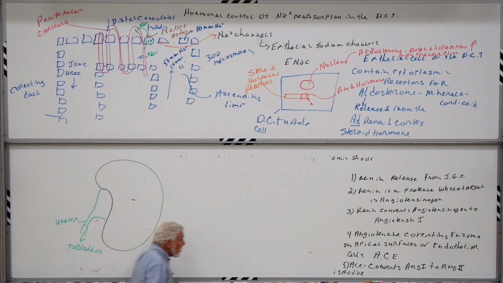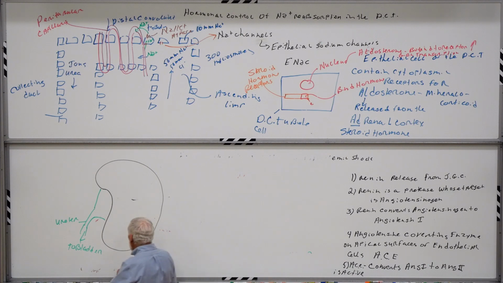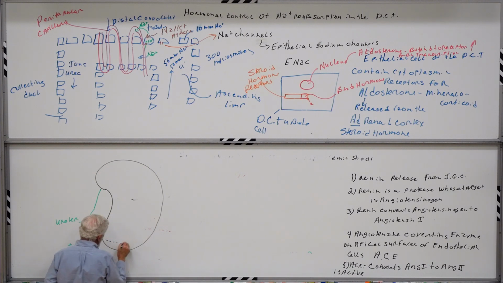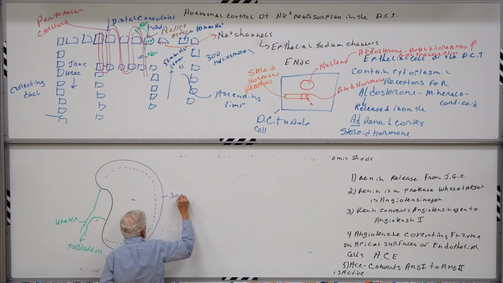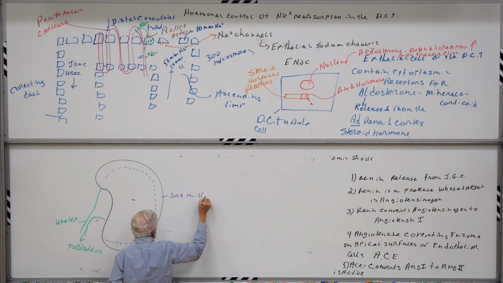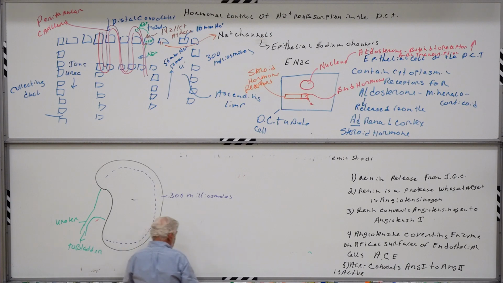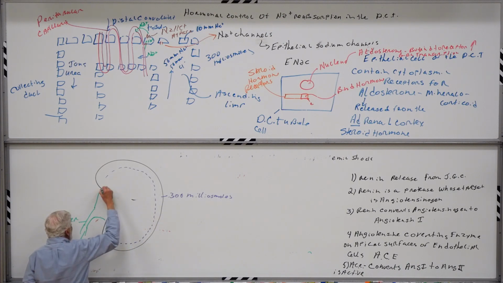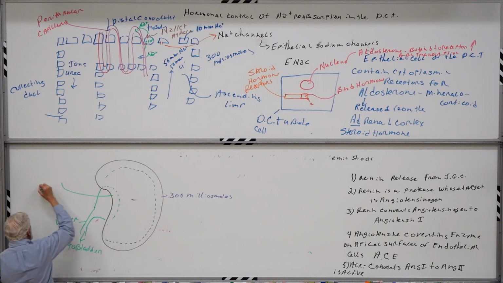And we emphasized some time back that there was this so-called corticomedullary gradient, where out here in the cortex, the concentration of ions was in the neighborhood of about 300 milliosmoles. And you remember that we said under extreme circumstances, down here, deep in the medulla, we can get concentrations in the neighborhood of 1,200 milliosmoles.